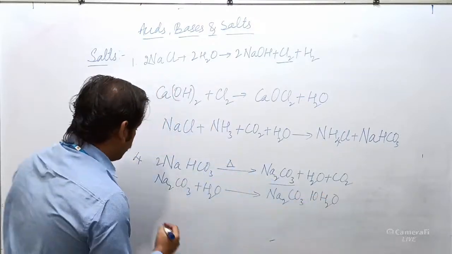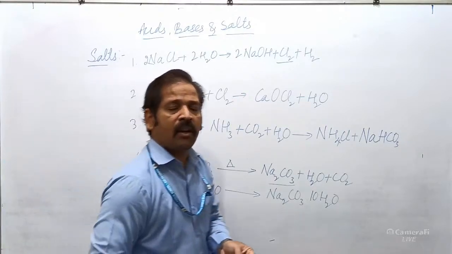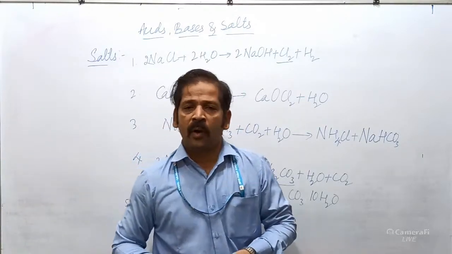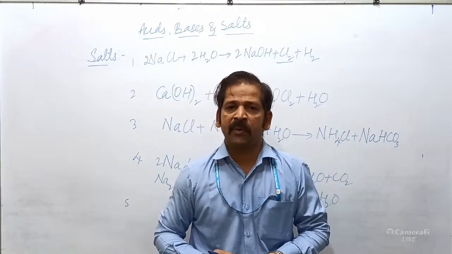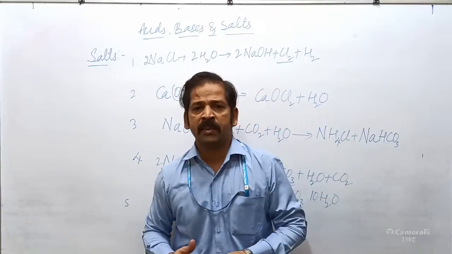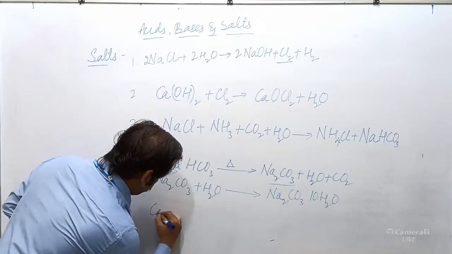The last one, the fifth one, is plaster of Paris. Plaster of Paris is formed by heating gypsum. The formula of gypsum is CaSO4.2H2O.